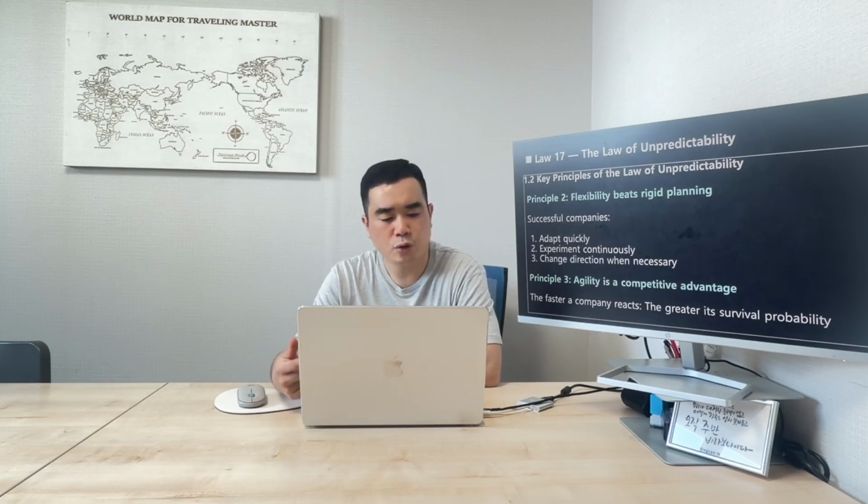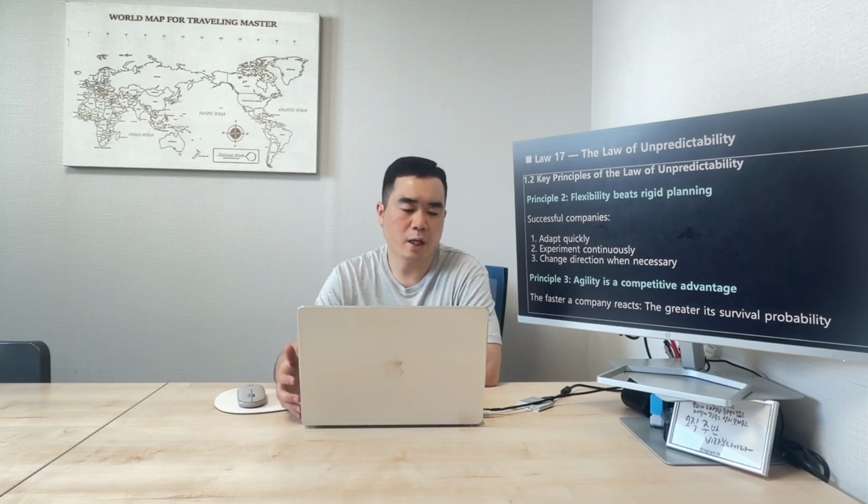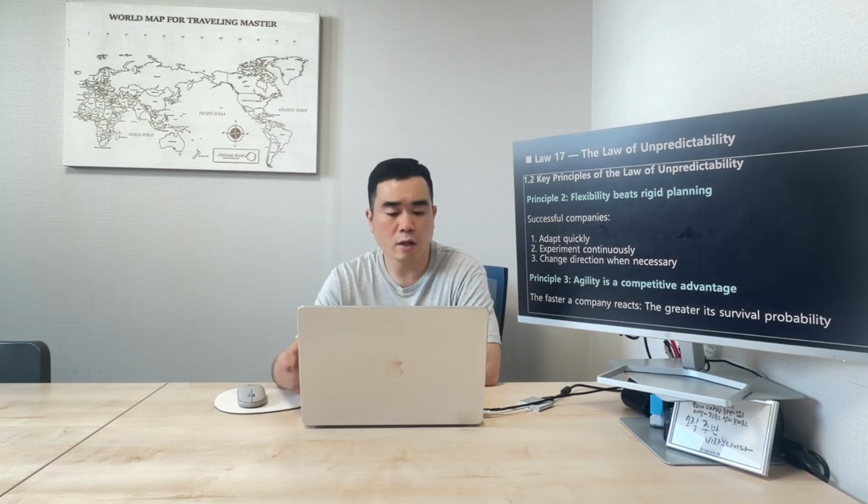Principle two is that flexibility beats rigid planning. It's all about flexibility. Successful companies adapt very quickly, experiment continually, and change direction when necessary. A successful company can change direction anytime and anywhere.